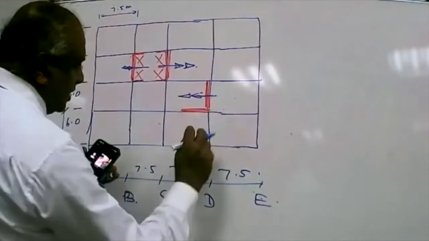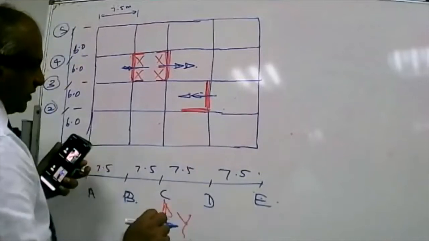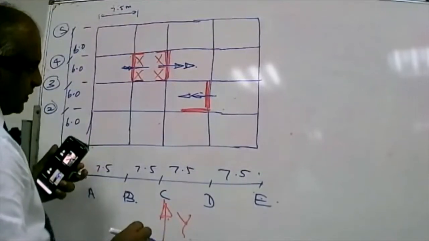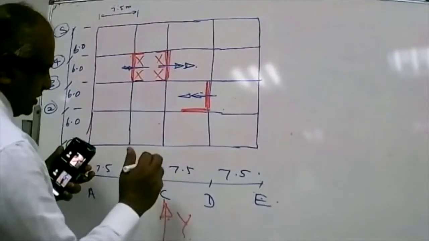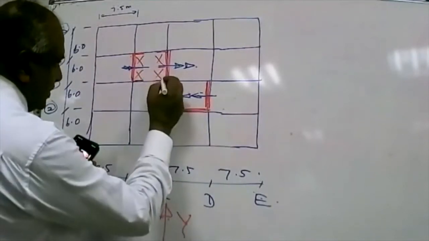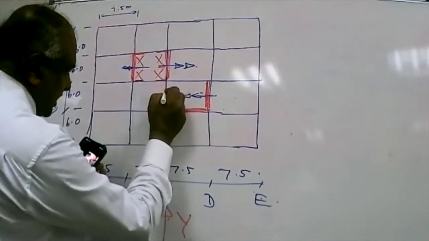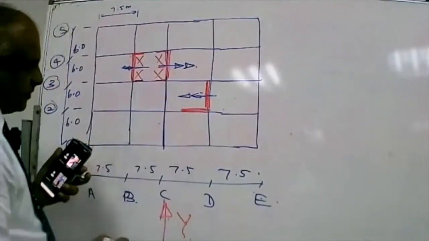So if the axis of bending is like this, we have to see that the centroid of all these walls will lie along this axis.